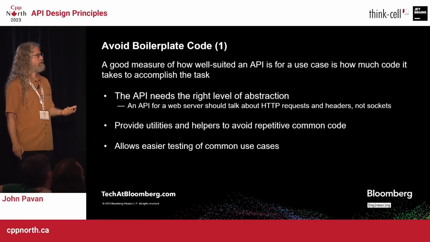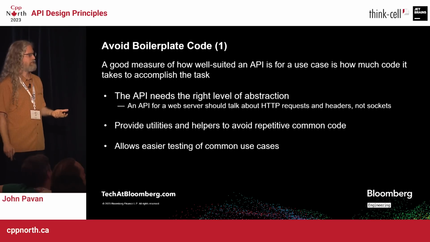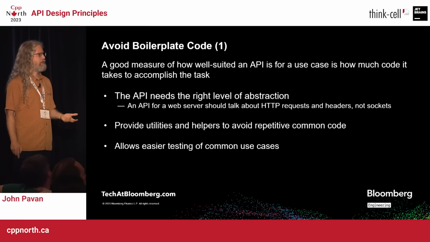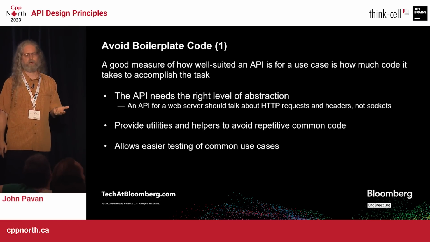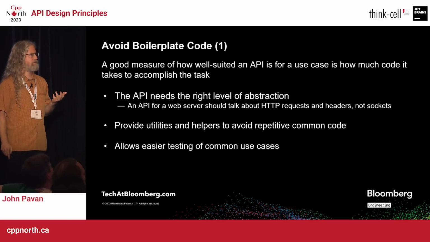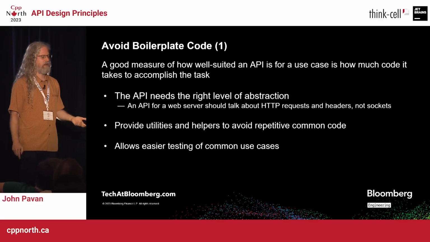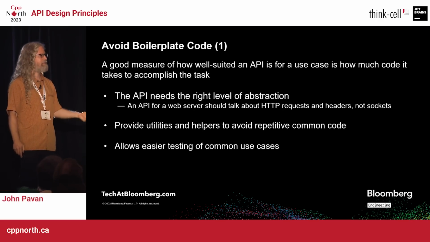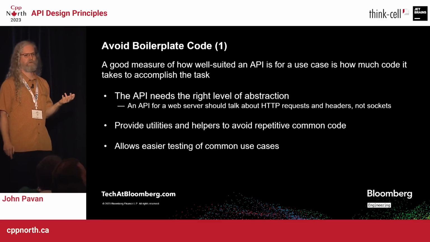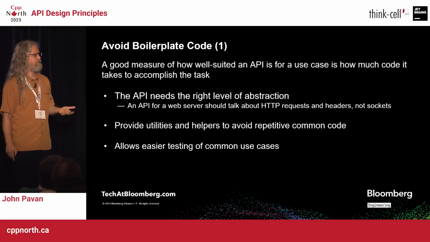An easy way to reduce the amount of boilerplate code is to provide utility functions and helpers which just handle that repetitive code. This not only makes the library's user happier because they have to do less typing, it also makes your life a lot easier because when you are doing testing, you have a lot of the common use cases already well defined.